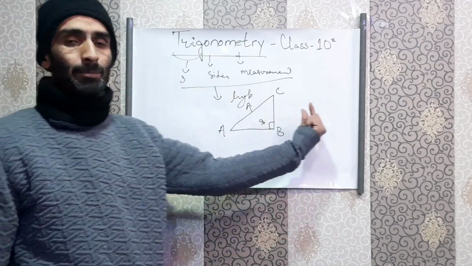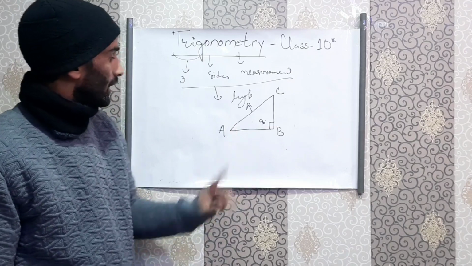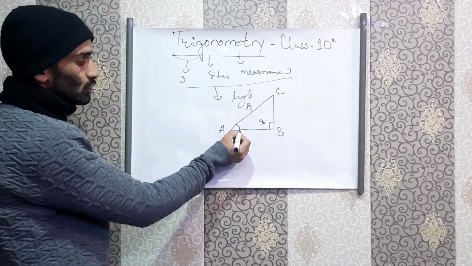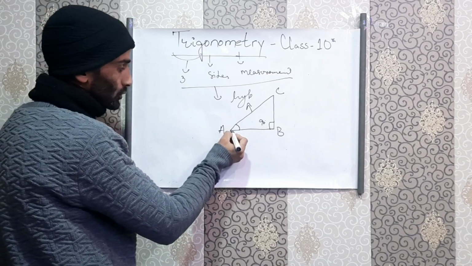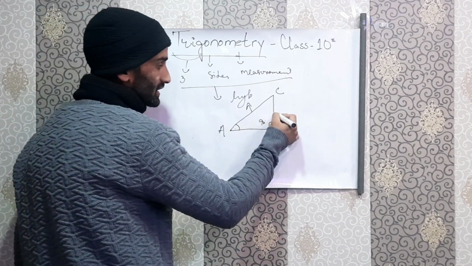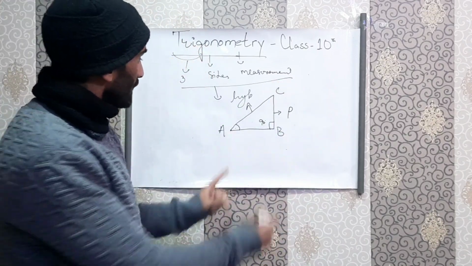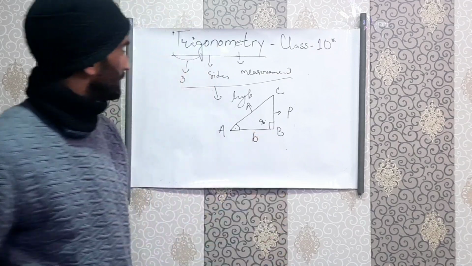And now base and perpendicular. Base and perpendicular depend upon the angle. If we choose this one angle, then the side opposite to it is what we call the perpendicular, and this one is known as the base.